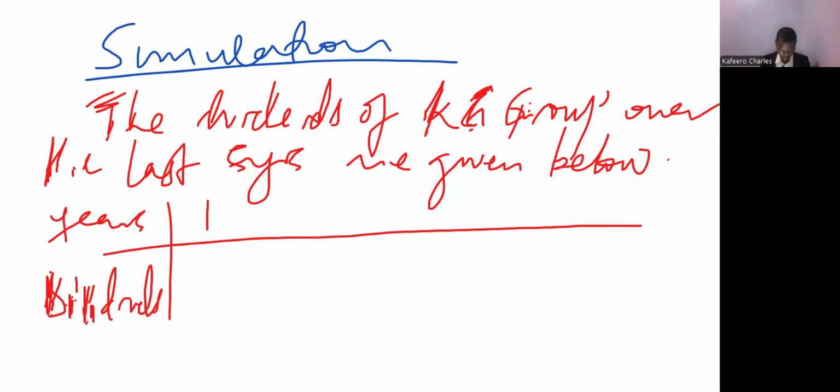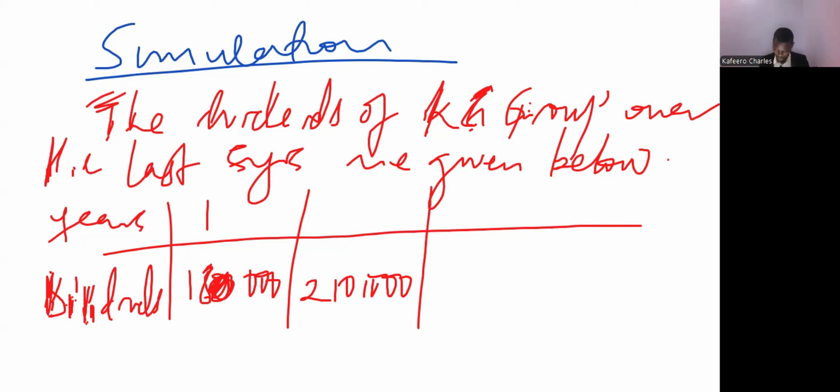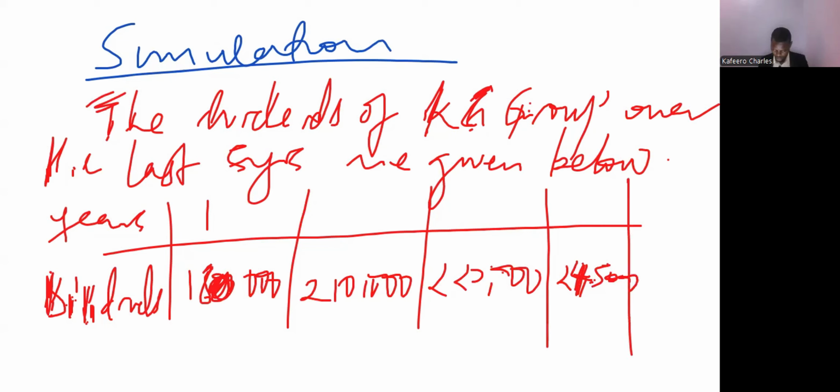Year 1 is 180, then 210, then 220, then 245,000, and the last one is 280,000. That is the 5th year, 4th year, 3rd year, 2nd year.